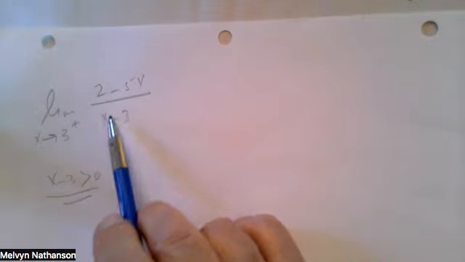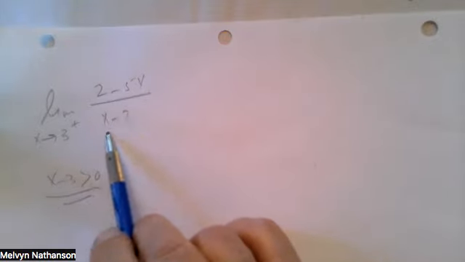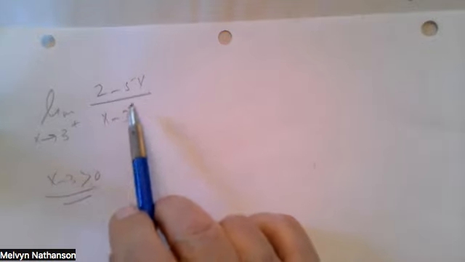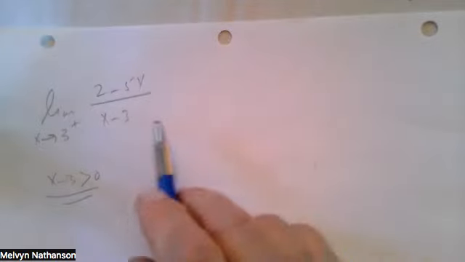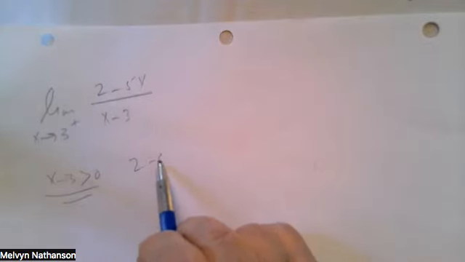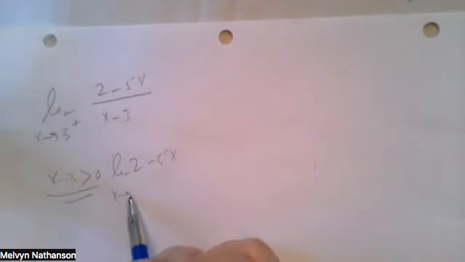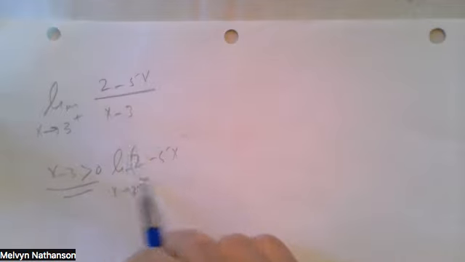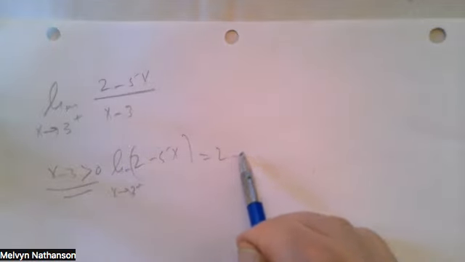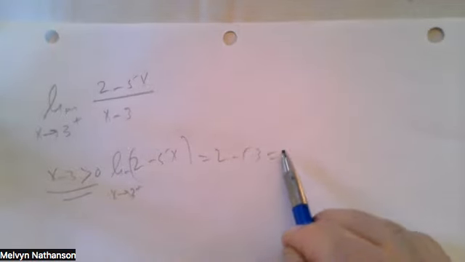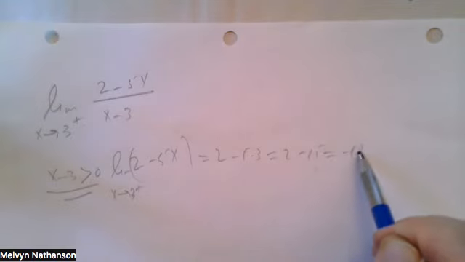So this is some positive number, and it's going to 0 as x gets closer and closer to 3. What about the numerator? The numerator is 2 minus 5x. And the limit of that as x approaches 3 is 2 minus 5 times 3, or 2 minus 15, or minus 13.